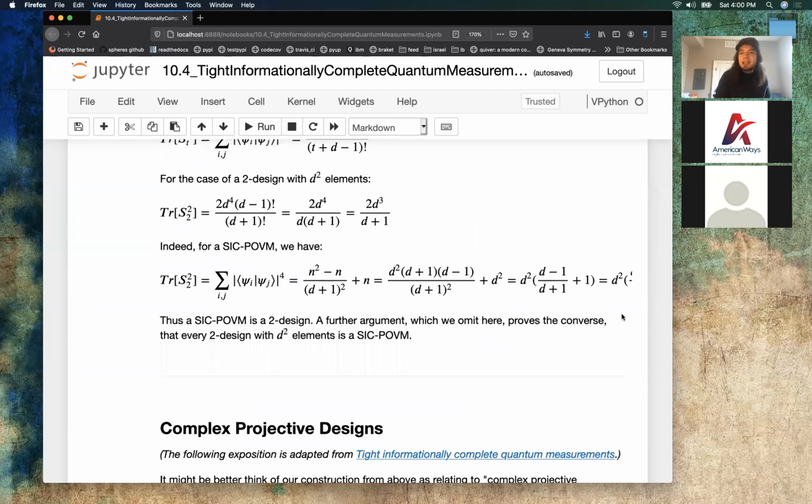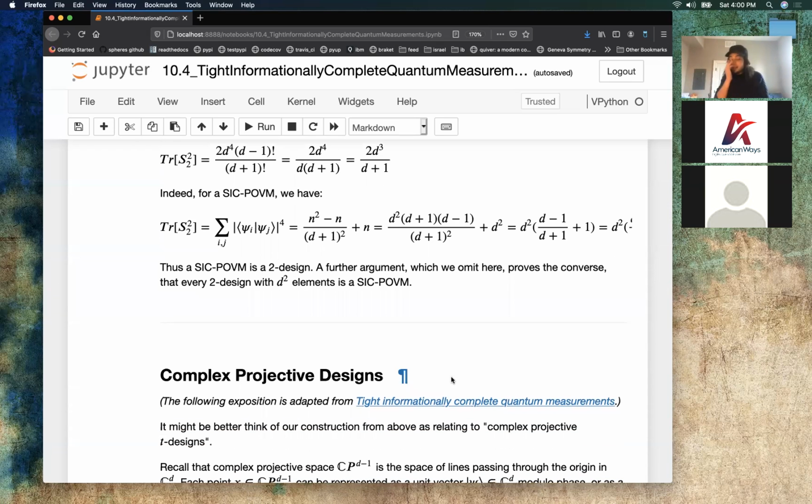And so a SIC-POVM, aka a symmetric informationally complete POVM, aka an equiangular tight frame, is also a spherical 2-design. And there's another little argument that you can give that every such 2-design with d squared elements has to be a SIC.